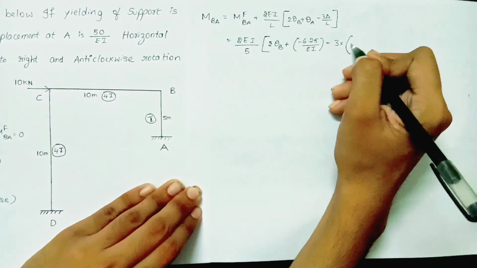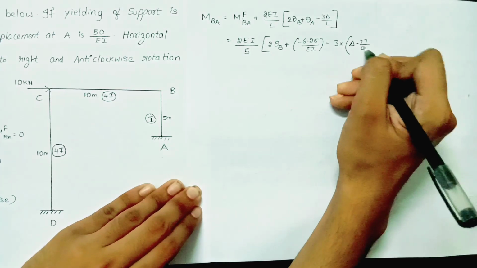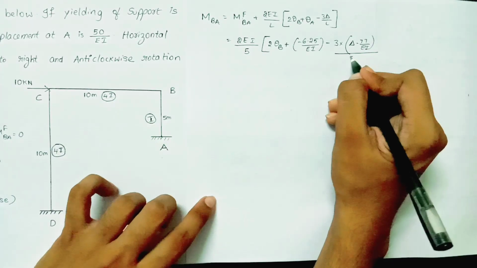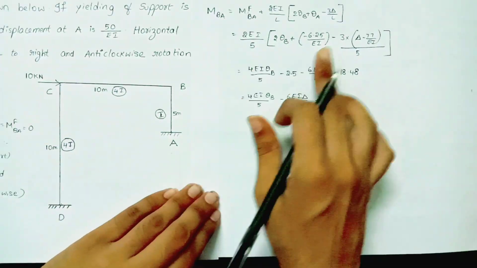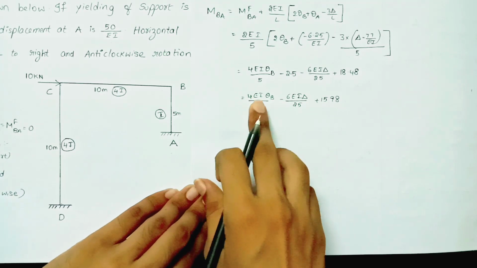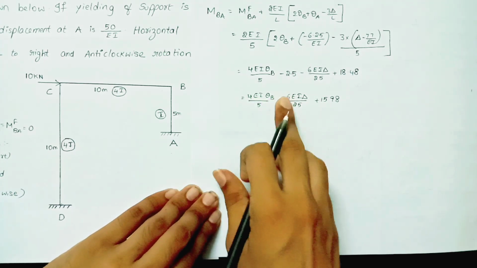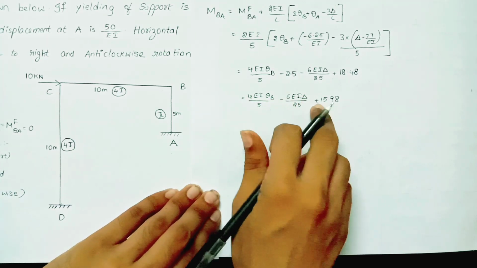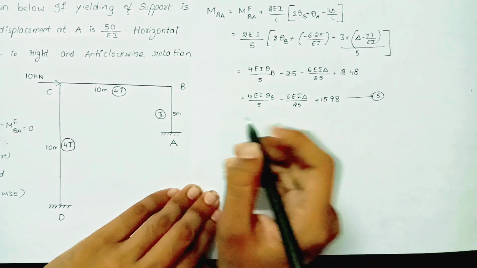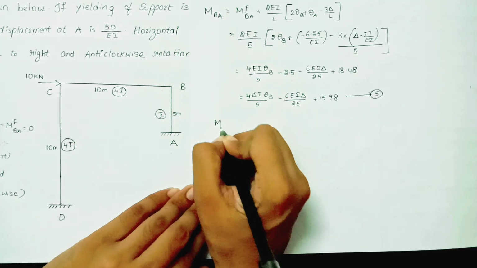So I am substituting delta minus 77 by EI whole divided by the length of the member, 5 meters. On simplifying this, I got these two steps. So 4 by 5 EI theta B minus 6 by 25 EI delta plus 15.98. I am taking this equation as 5. Now similarly calculate for member AB.